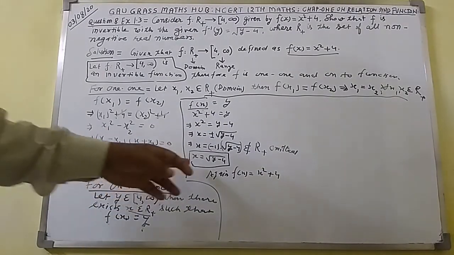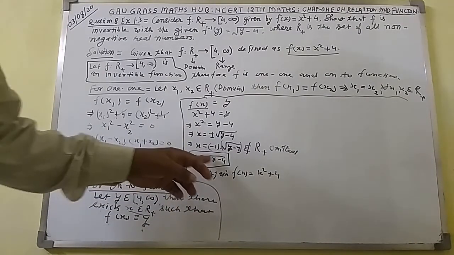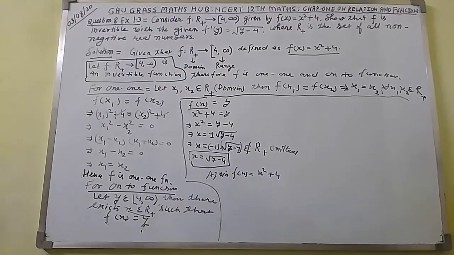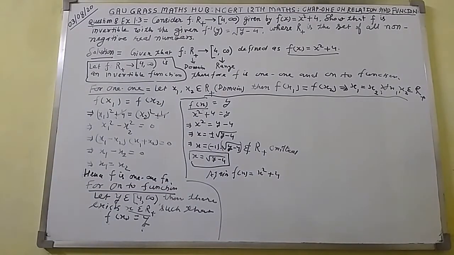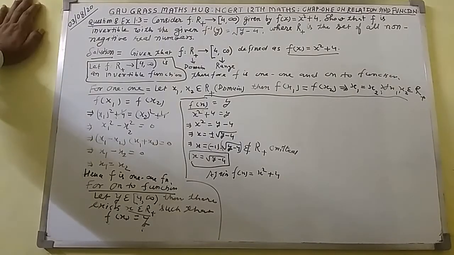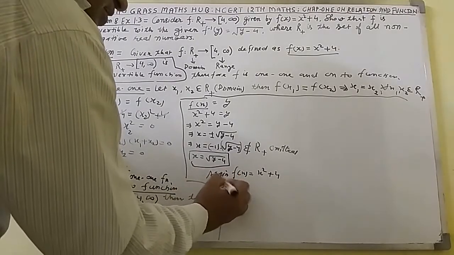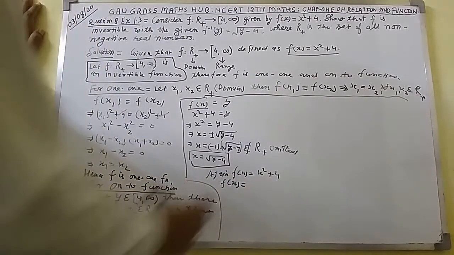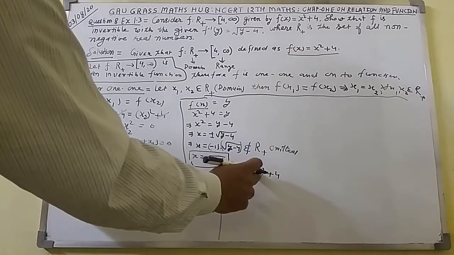So here I have got the value of x. The value of x I shall put here. So I am going to put the value of x here. So let us see. Here I shall write f(x) equal to, here the value of x will be put.